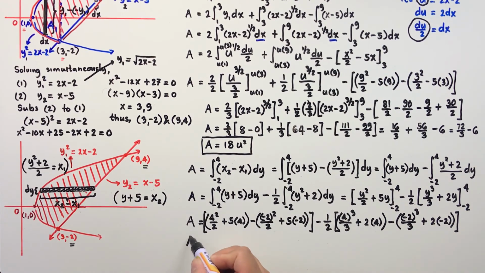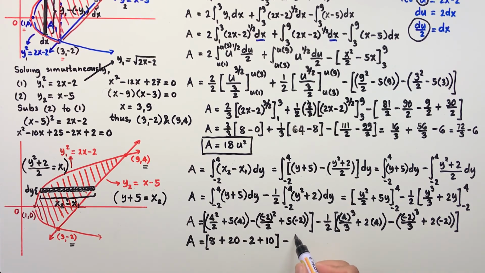So we have the area, which is equal to 16 over 2, which is 8 plus 20, and this is 4 over 2, which is 2. So this is minus 2. So minus of the minus 10, which is positive 10. And this will be subtracted by this 64 over 3. So we have 64 over 3 plus 8.